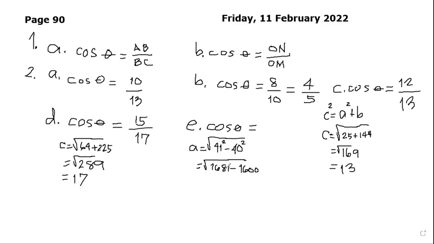So your A equals the square root of 81, or 9. So you have now adjacent is 9 over hypotenuse 41.